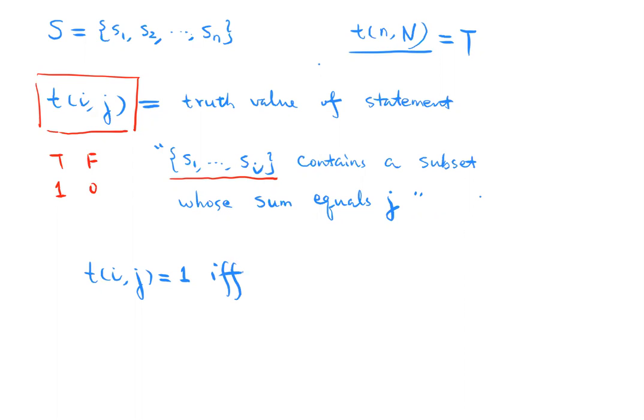We want to get a recurrence relation between T(i, j) and T(i', j') where i' is less than or equal to i and j' is less than or equal to j. So that's the purpose, to find the relation between this one and the smaller i and j's. All right.